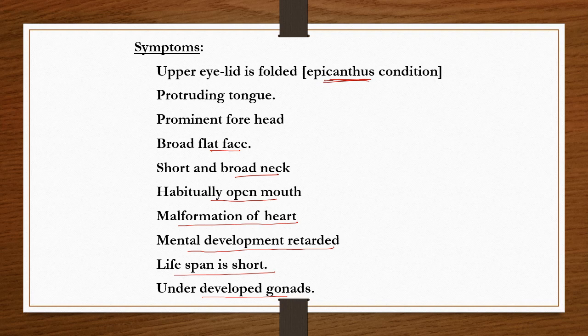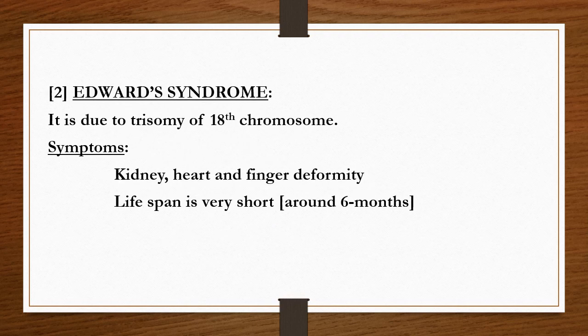Now let's see the other aneuploidy of autosomes disorders. The next autosomal disorder due to aneuploidy is Edwards syndrome. This Edwards syndrome is due to trisomy of the 18th chromosome. That means one pair of 18th chromosomes is present and one extra 18th chromosome is added.